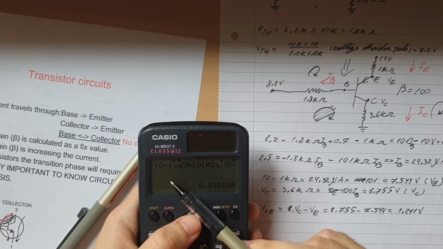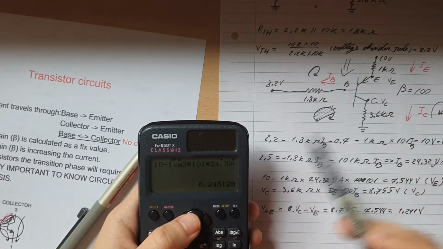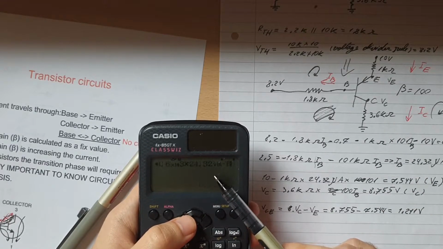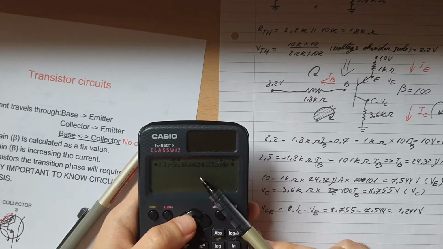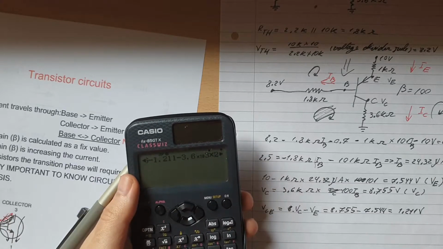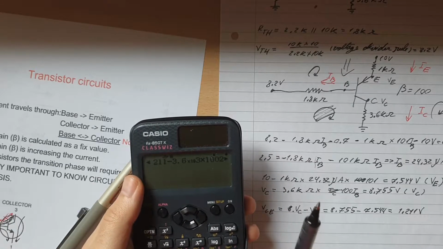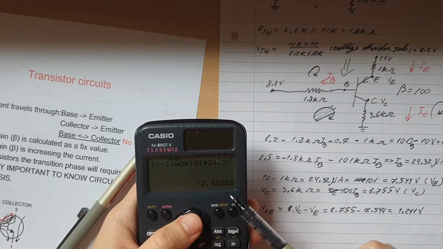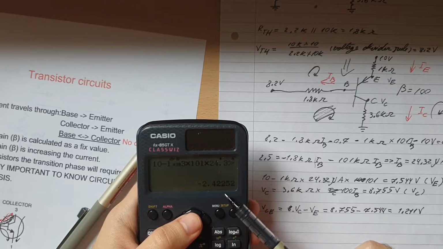Okay, so 10 minus 1k times 101 times 24. Oh, I forgot to do the times 100 here that time. Okay, times 100 times that value. It's still wrong, it's minus 2.45.